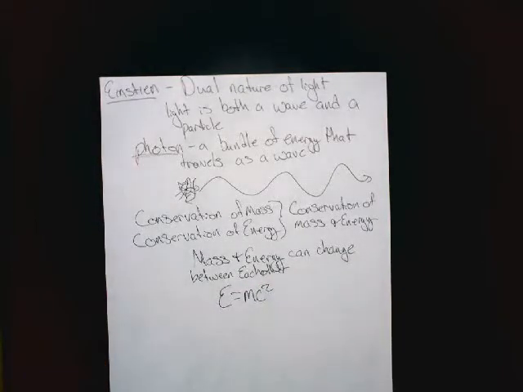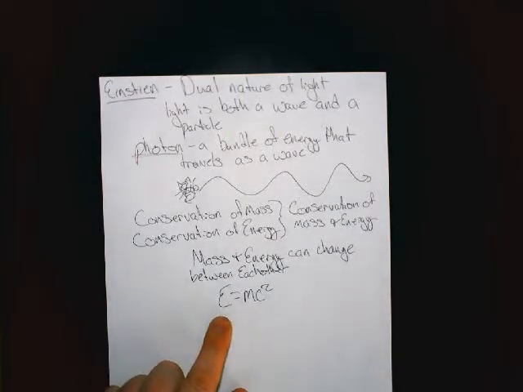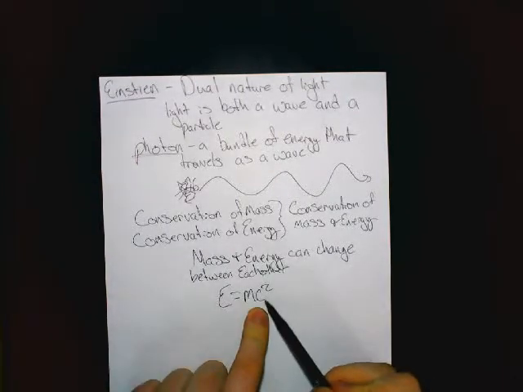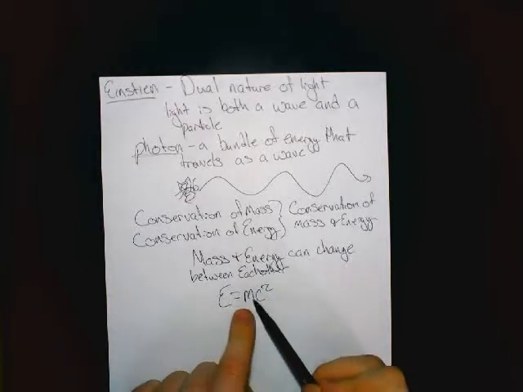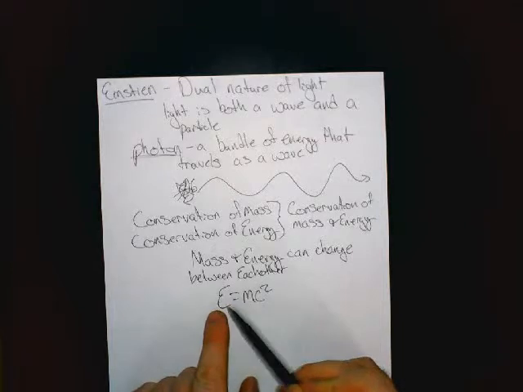Now, 99.9% of Americans will probably be able to tell you E equals mc squared. Einstein, science, yay. However, they probably also have absolutely no understanding as to what it means. Okay? E, of course, being energy, m being mass, and c being the speed of light. This is the amount of energy produced when mass changes into energy.